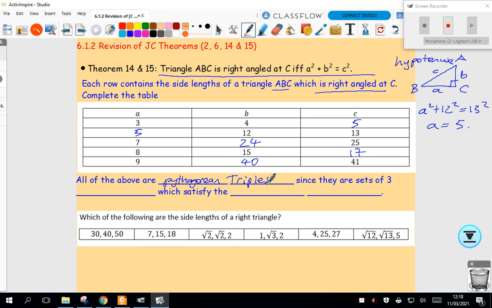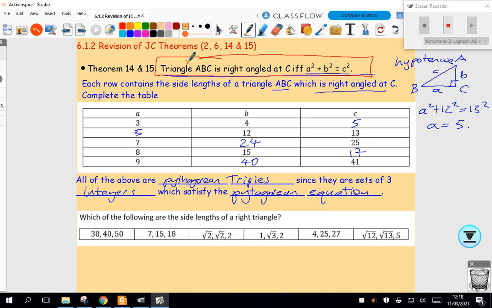And the reason they're Pythagorean triples is they are all sets of 3 integers which satisfy the Pythagorean equation. Notice that's the Pythagorean equation, but this is the Pythagorean theorem. Okay, the equation is just a part of that.